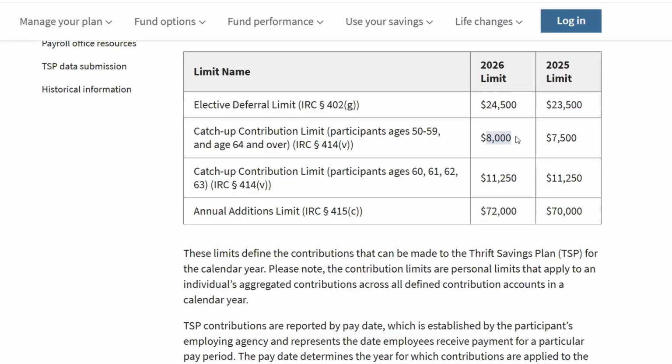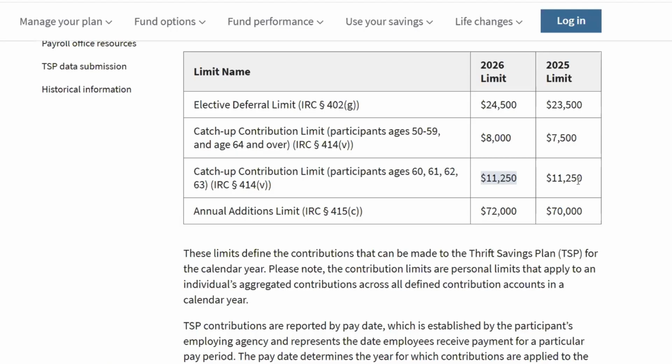So very, very key. All right, so now let's talk about participants who are going to be age 60, 61, 62, or 63 this year. Obviously, as you can see here, they got a little bit of a higher contribution limit for the year. And so with that, we've got the 24,500 plus the 11,250 that totals $35,750.